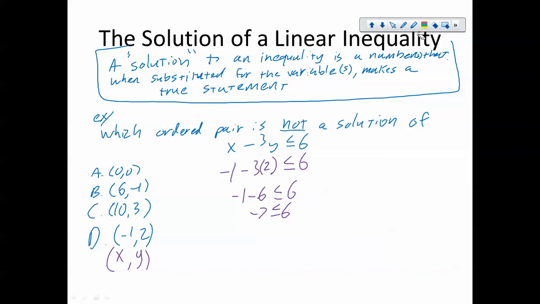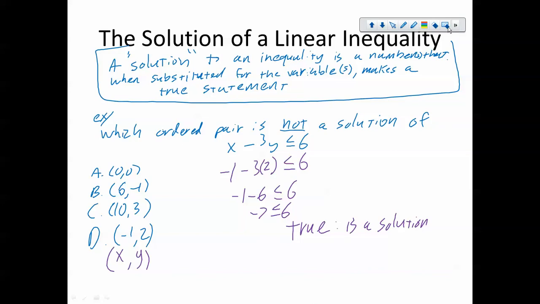This is true. -7 is obviously less than 6, which means this is a solution. I'm glad that I caught that now. This is a true statement, which means that this is a solution.